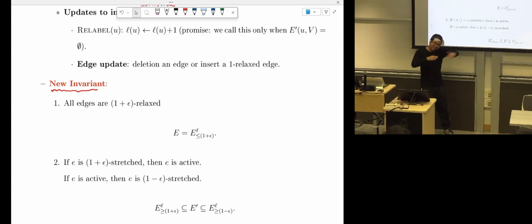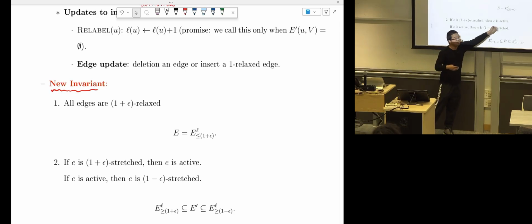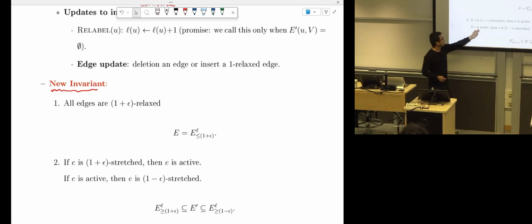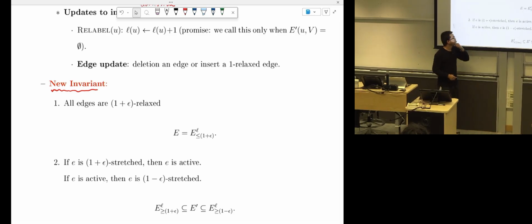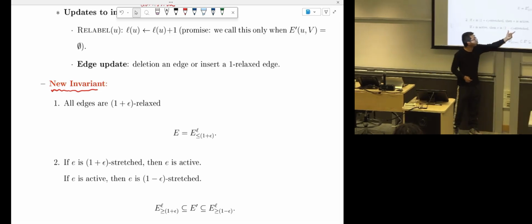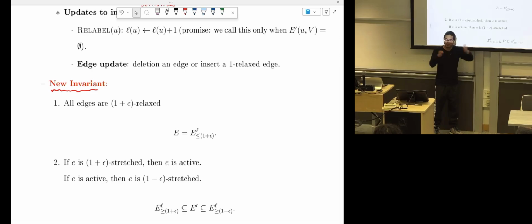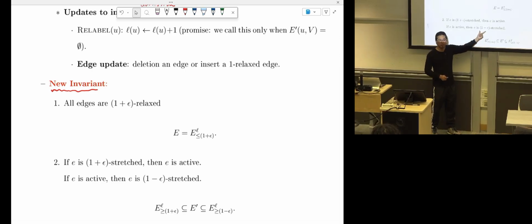So if it's really stretched, then it's in our set for sure. And also, if it's in our active set, then at least we know that it's almost fully stretched. It's 1 minus epsilon stretched.